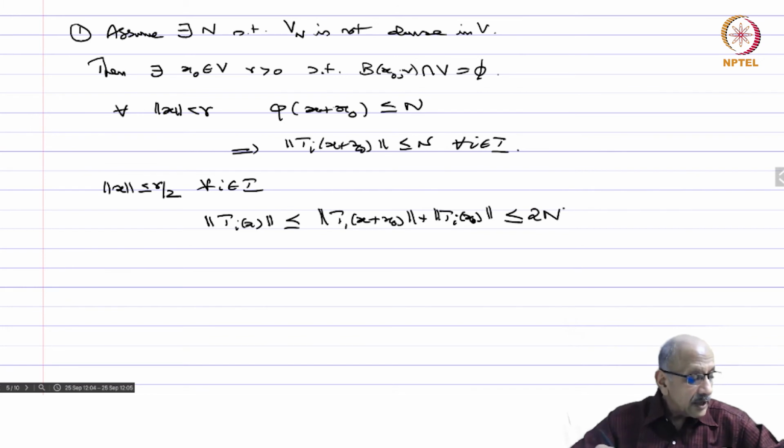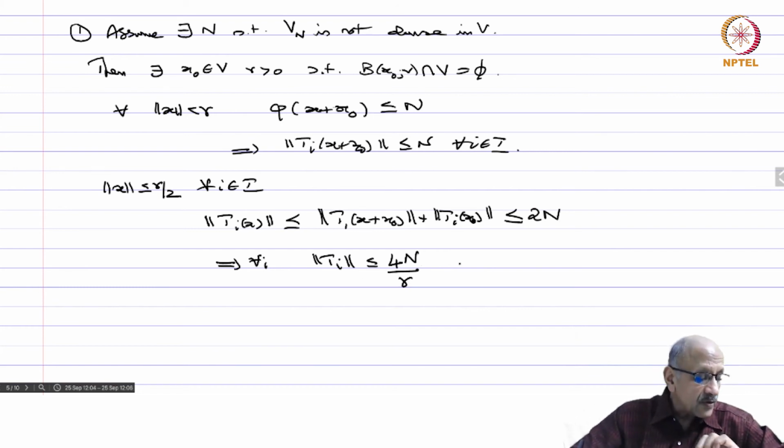This implies that the supremum is less than or equal to 2n if norm x is less than r by 2, so this means that norm Ti is less than or equal to 4n by r, and this you can call M. So this is the first alternative. So the second alternative is all Vn are dense.